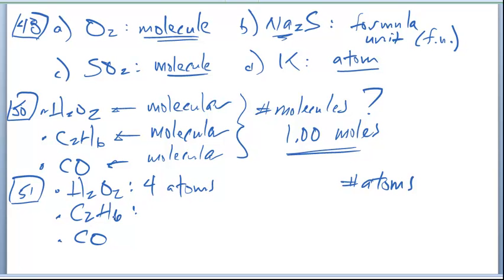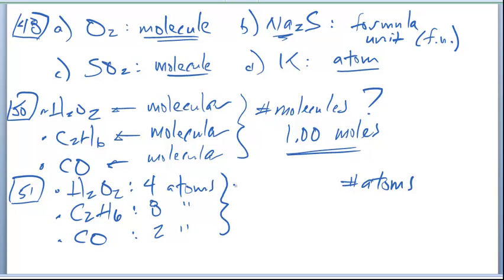Ethane has 2 carbons, 6 hydrogens, that's 8 atoms in total. Carbon monoxide, 1 of carbon, 1 of oxygen, so that's 2 atoms. Clearly, if we're just talking about single molecules, ethane's the winner. It has 8 atoms.